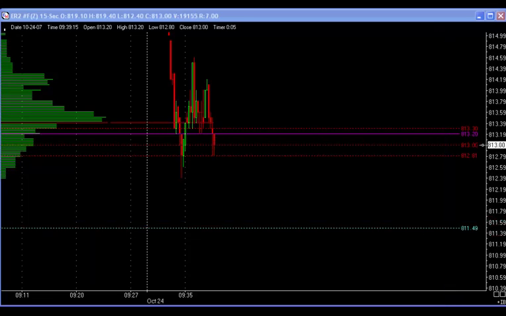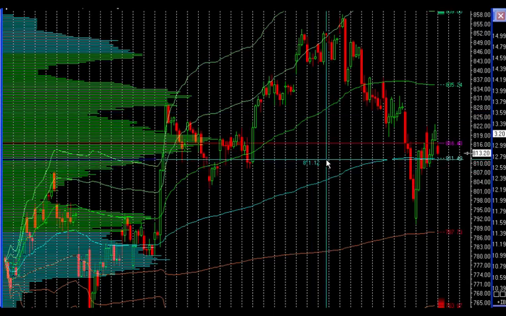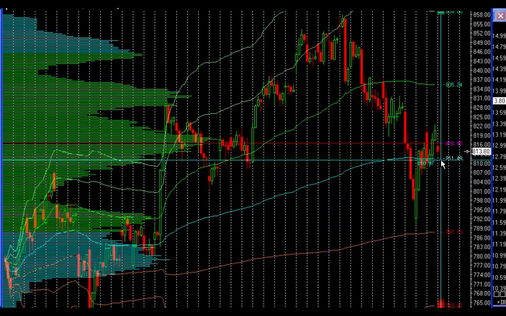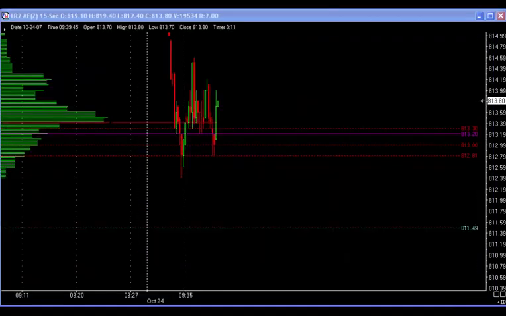Well, that's a VWAP, and it's the VWAP for the 2-month set of data shown here. Here's 811.49. And this is a 120-minute chart with 2 months worth of data on it. So let's see if that happens.